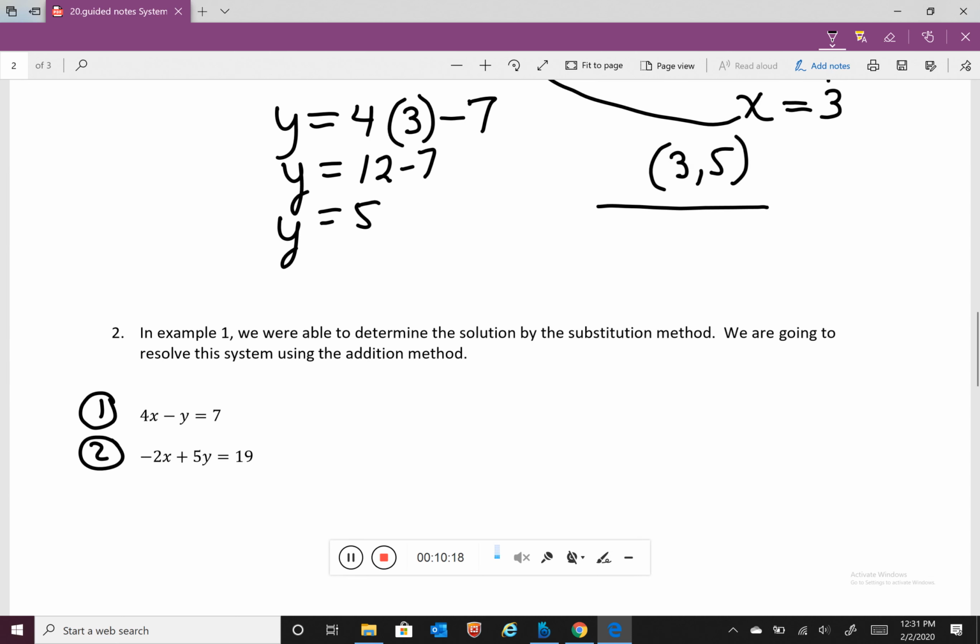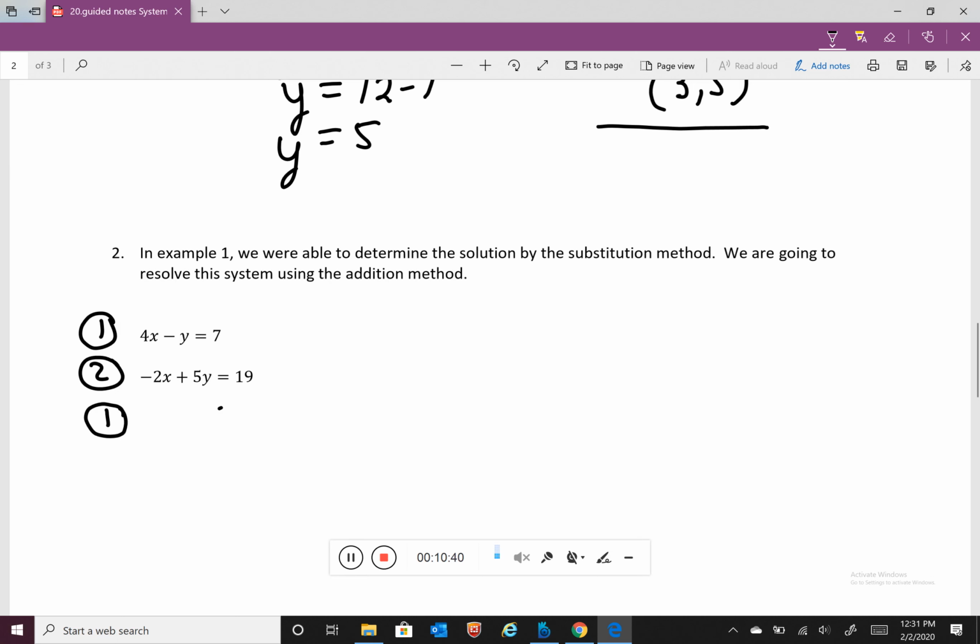And then I'm going to take equation number 2 and I'm going to multiply it by 2 and then add them. So again, make a note of this in your notes if you need to. This notation means I'm taking equation 1, I'm leaving it alone. And then I'm going to add 2 times equation 2.